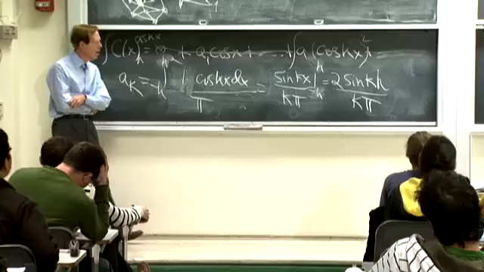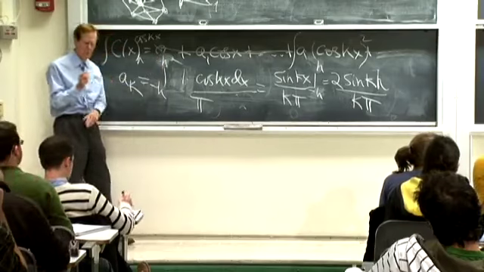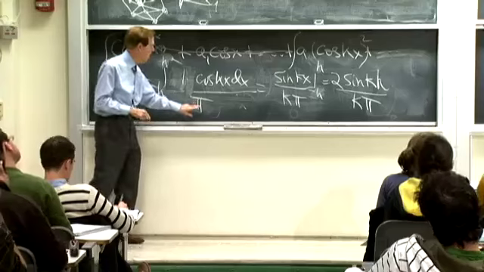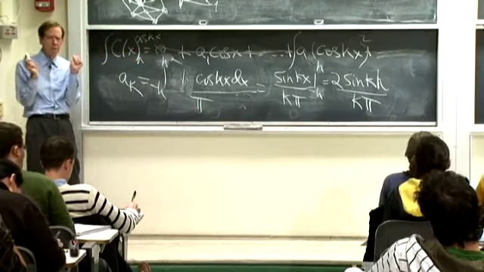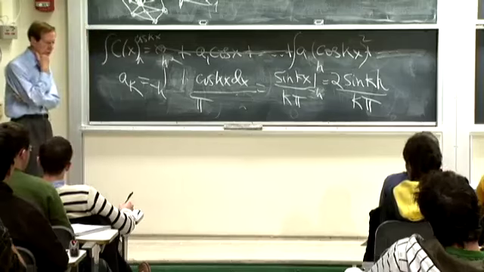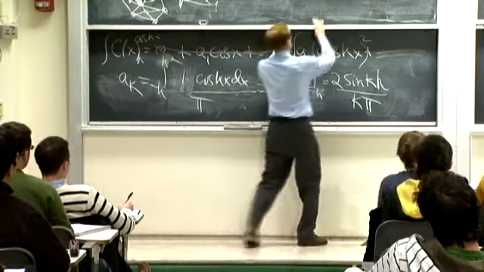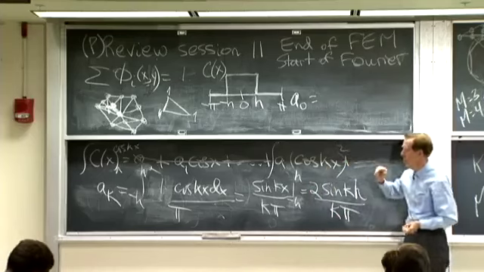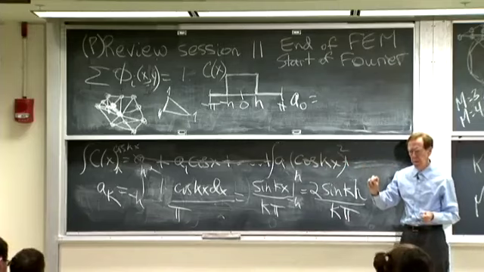So those are the Fourier coefficients, except for A0. A0 has a slightly different formula. Why is A0 different? How do you come up with A0? And what's its meaning? A0 has a nice meaning. A0 I could get the same way. What will I multiply both sides by, if I want to pick off A0?